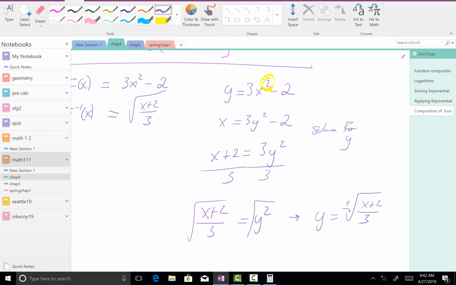I don't know if that helps answer what your question was. So if this is our inverse, then this has to be our original function. So then what we have to do is take that original function and restrict the domain, so we're only dealing with these positive numbers. When we do that, that eliminates this side and gives us the nice view that we want.